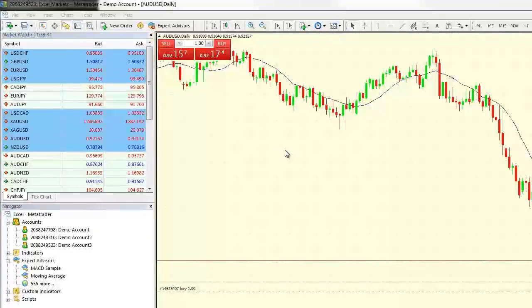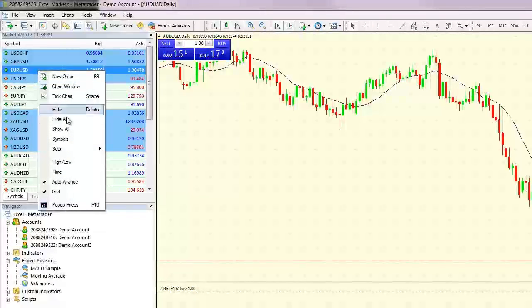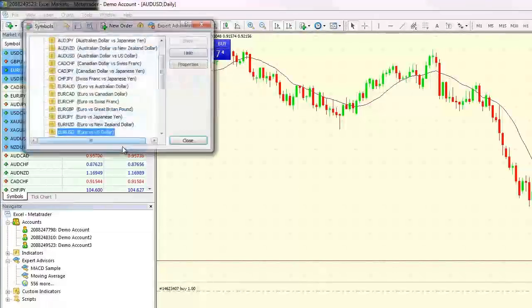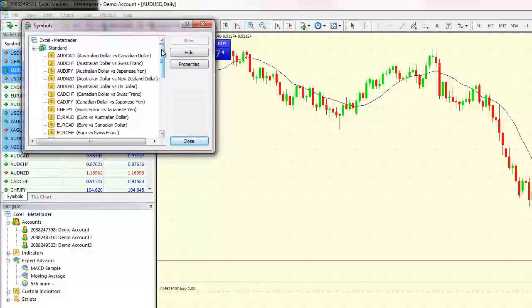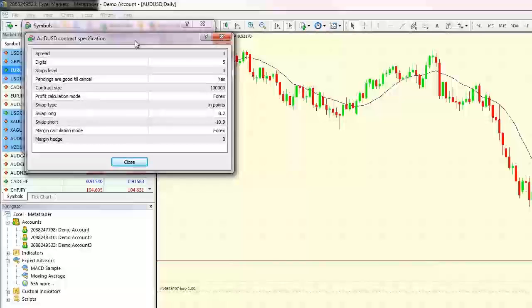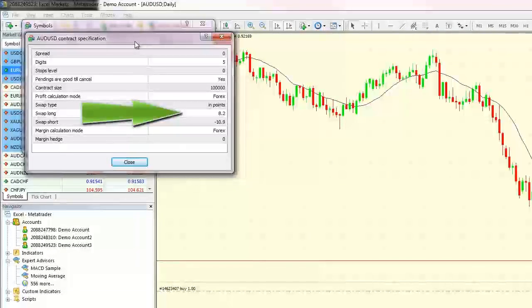You can find the swap rates of different currency pairs through your trading platform, through the Market Watch window. Just right-click in the Market Watch window and select Symbols. Select the currency pair for which you need to know the swap rate, let's say the Aussie dollar, and select Properties. This will open the window with the contract specifications, which shall show the swap rates for both long and short positions on the Aussie dollar.